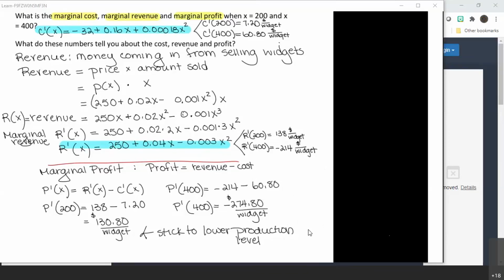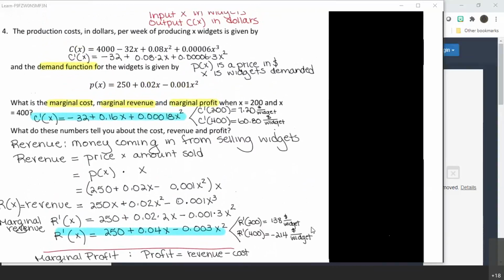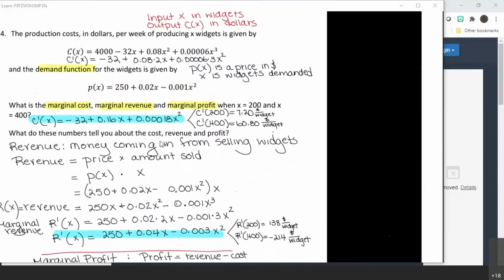What's more important to understand from this example, rather than the wonky numbers that came out of it, is if they give you a price times number demanded, that is your revenue, and then profit is revenue minus cost. Again, I want to just make sure everybody is comfortable with those basic equations.